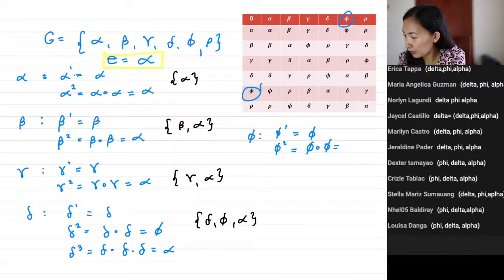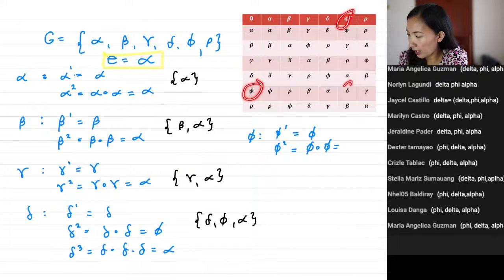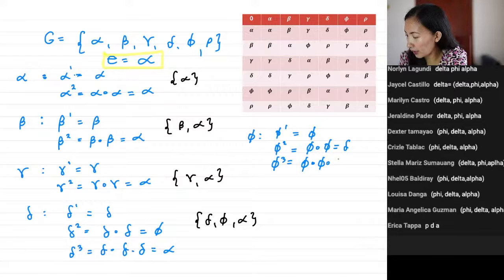Okay, so once more, phi circle phi is delta. Next, phi cube. What is phi cube? It means phi circle phi circle phi.